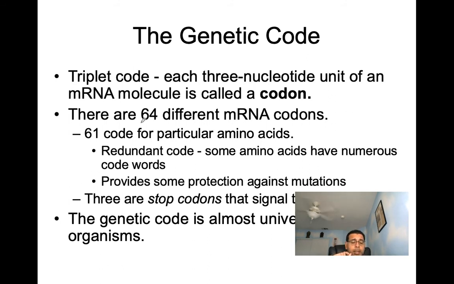The triplet consists of any of the 4 bases found as 3. So triplet code is basically where each 3 nucleotide unit of an mRNA molecule is going to be called a codon of an mRNA molecule.